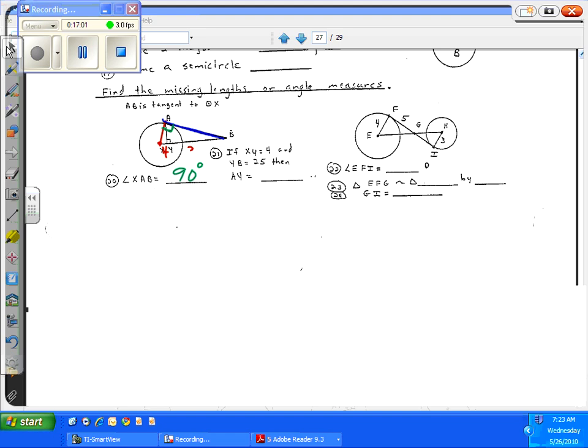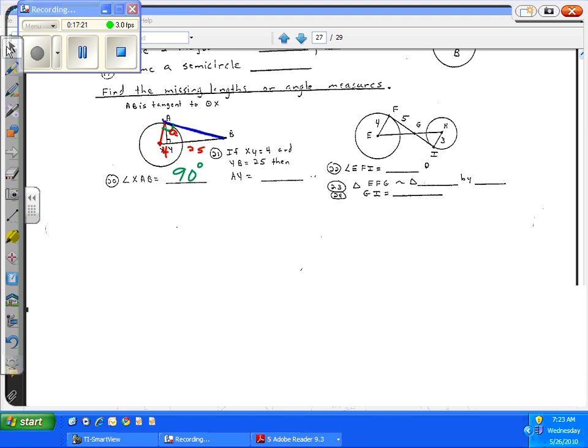It then says if XY, this little piece, is 4, and YB, this little piece, is 25, then find AY. I'm going to call it little a for altitude. Do you see what we've got here? The whole big triangle is a right triangle.